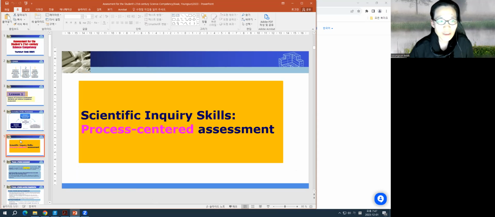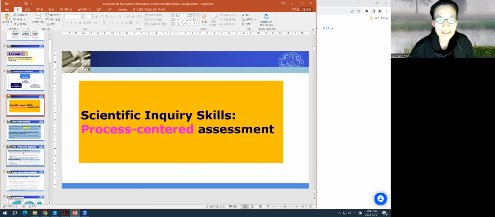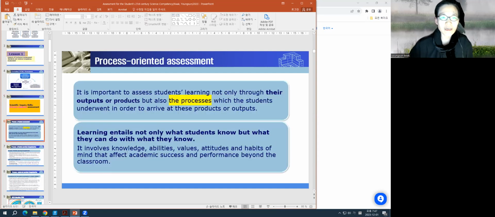And so today's topic is science inquiry skills, which is also known as science competency. So competency, or these days we are talking about process-oriented assessment. It's the opposite meaning of result-oriented assessment.